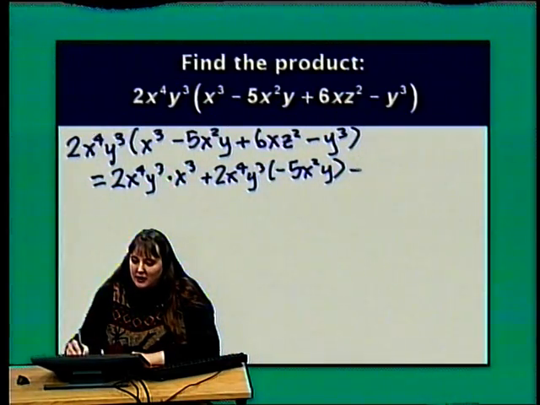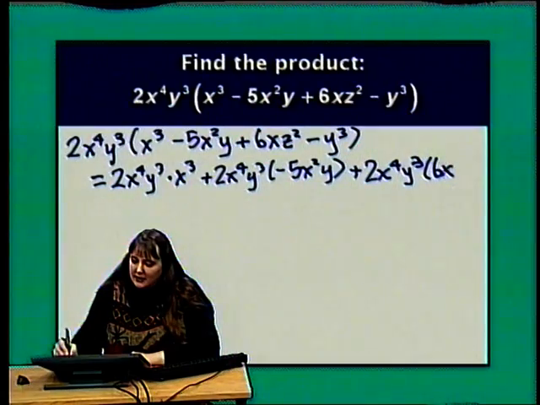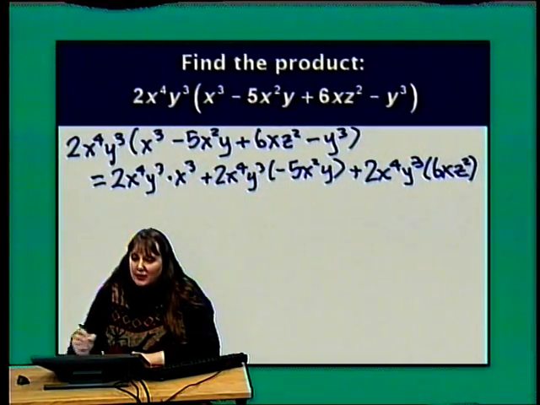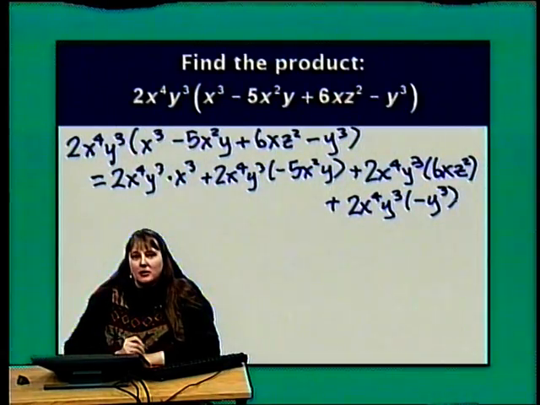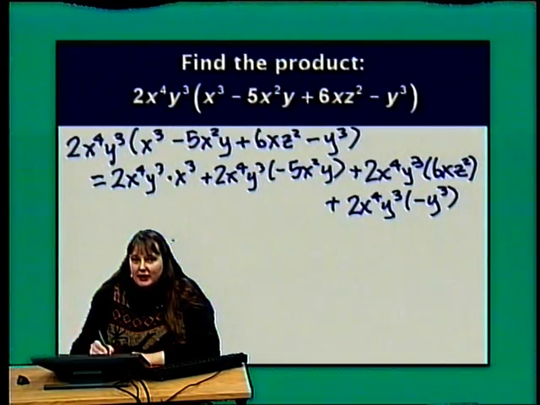Then I need to multiply 2x to the fourth y cubed by 6xz squared. Finally, I have one more term. I need to multiply 2x to the fourth y cubed by negative y cubed. So let's multiply and see what we get.